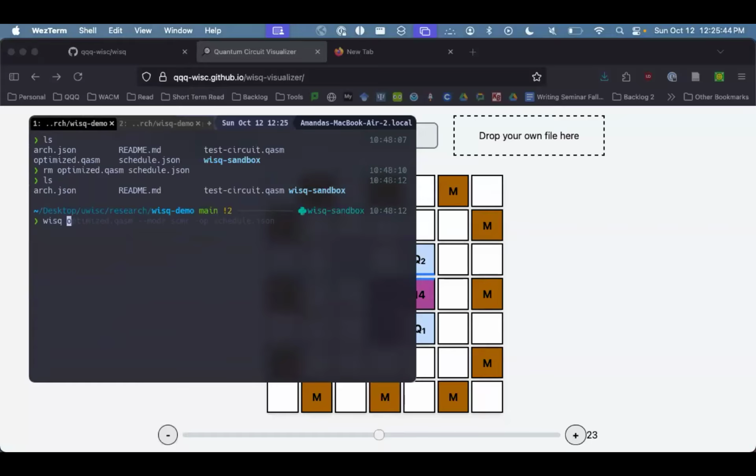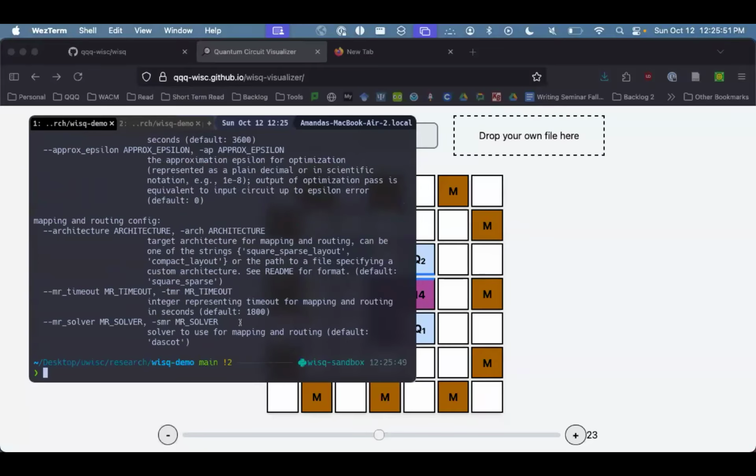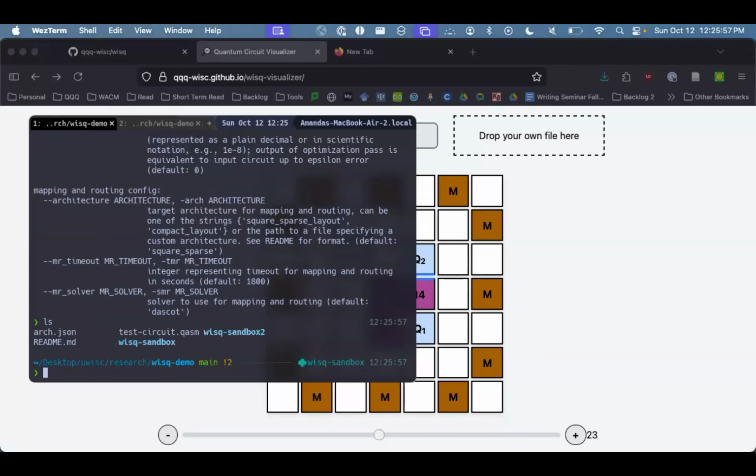It's a command line tool with a lot of parameters. But if we wanted to, for example, optimize the circuit that we have, test circuit Python, we could invoke it with the optimizer mode, which is somewhere in my history because I ran this 90 minutes ago.